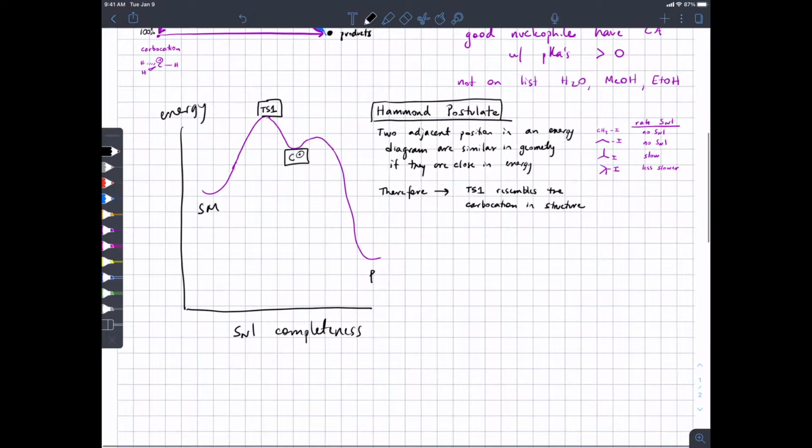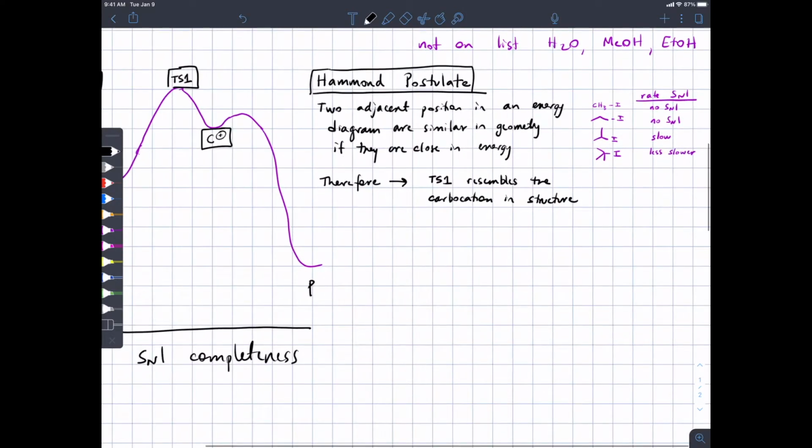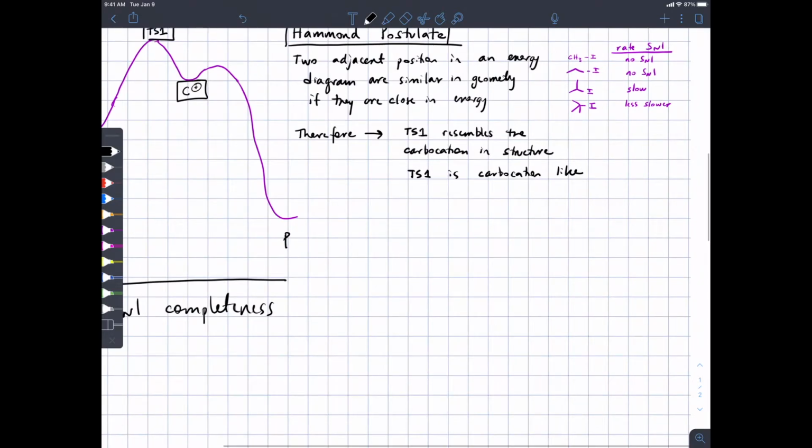Okay. In any case, they are similar in energy, therefore similar in geometry. We will say transition state 1 is carbocation-like. And interestingly, we already said this when we drew the transition state for the Sn1 type reaction, where the leaving group leaves before the new bond comes in.